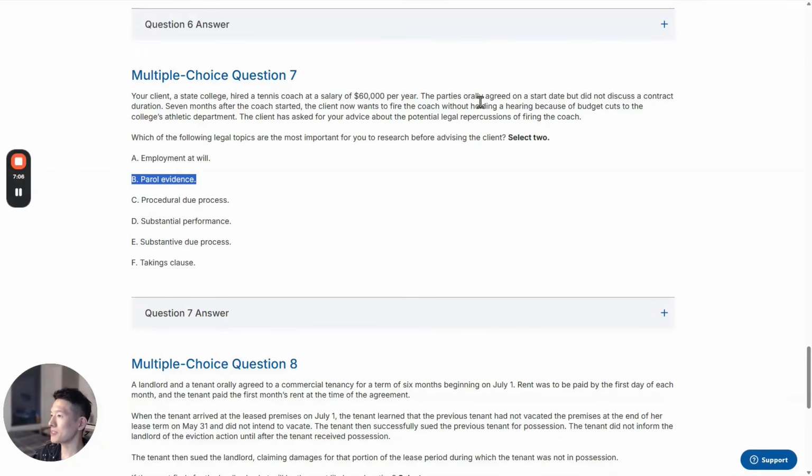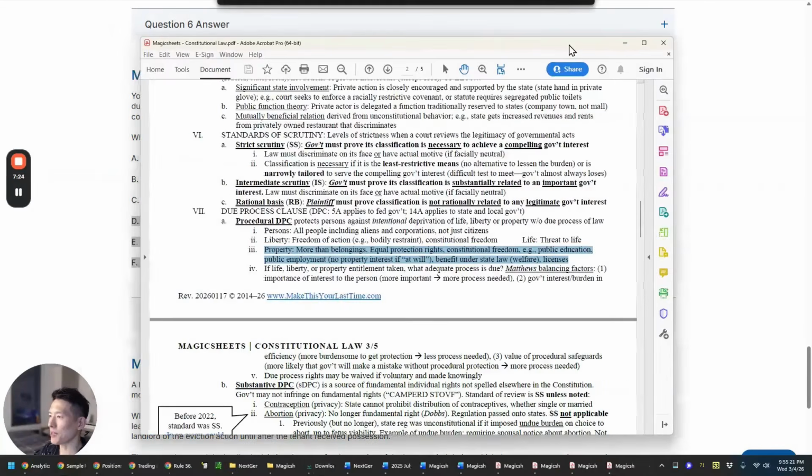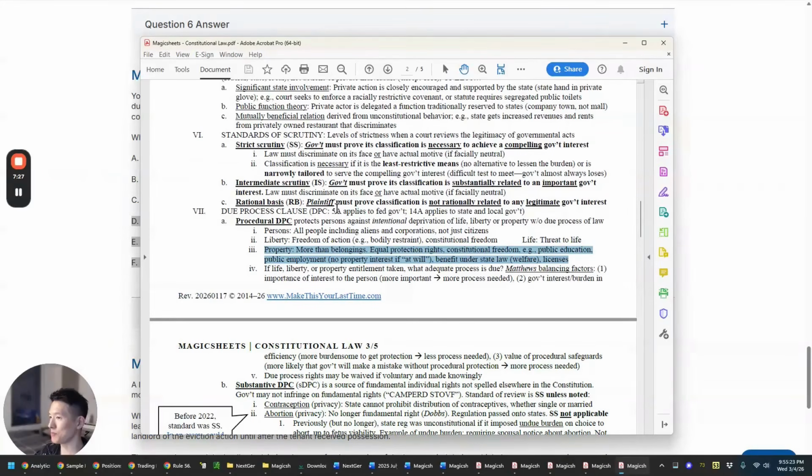Parole evidence, yes, there was an oral contract. So let's keep this one in the back of our minds. So we have choices A, B, and C. We are not going to be considering these. Let's take a look at what procedural due process is about. It protects against intentional deprivation of life, liberty, or property without due process of law.